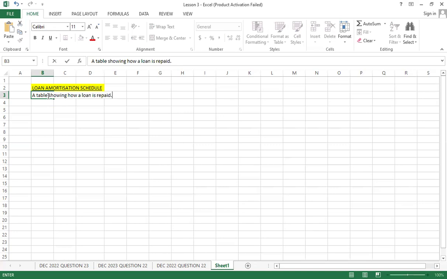If this is a table showing how a loan is repaid, the next question is what is the content of this table? I will say that it comprises columns.